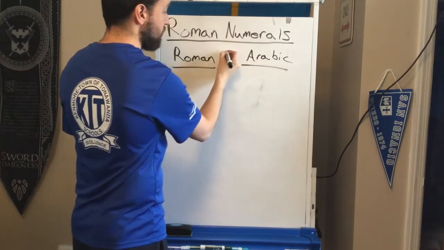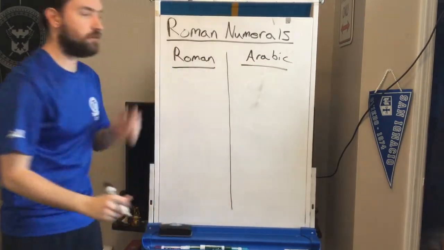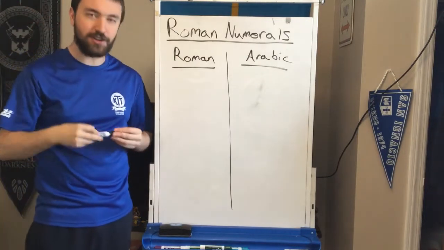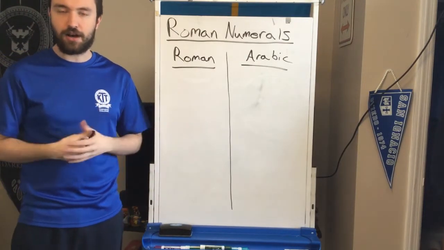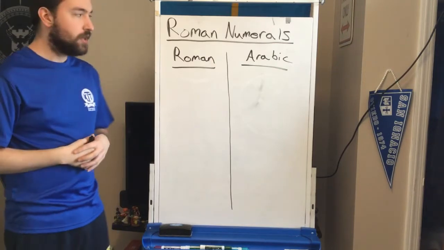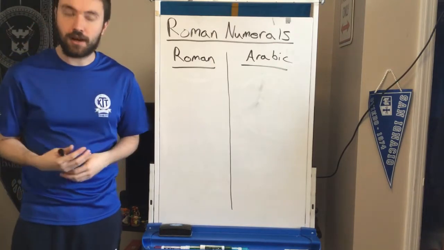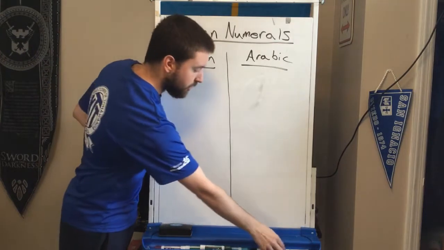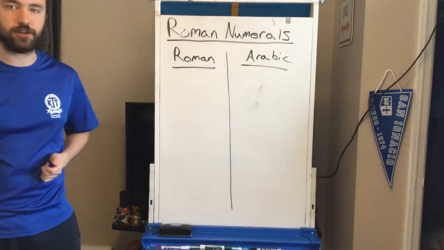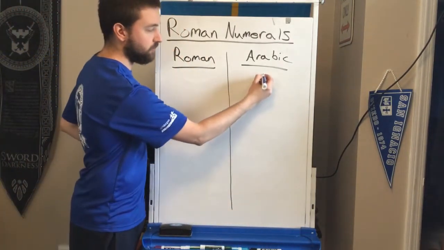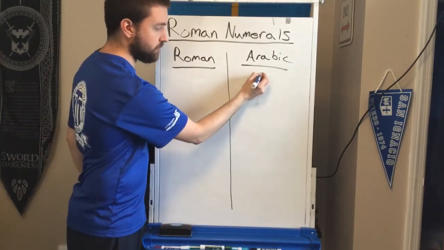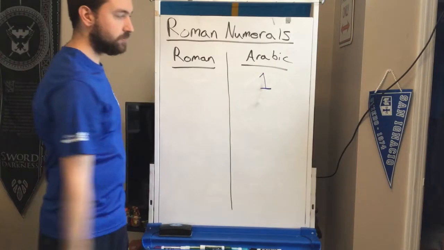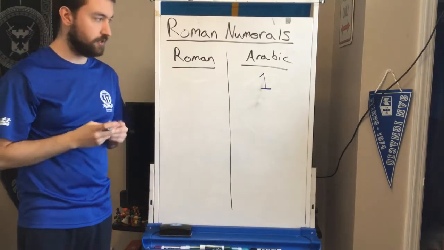Now you're probably wondering, wait, Mr. S, why are we doing Arabic? Because all of our numbers that we use today actually come from the ancient Muslim world. So they are actually Arabic numbers. We're going to start with the very first number, and that is the number 1. We all know the number 1. Sometimes it looks like this, sometimes it looks like this.